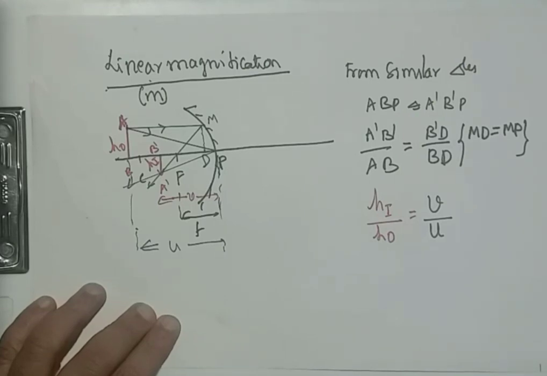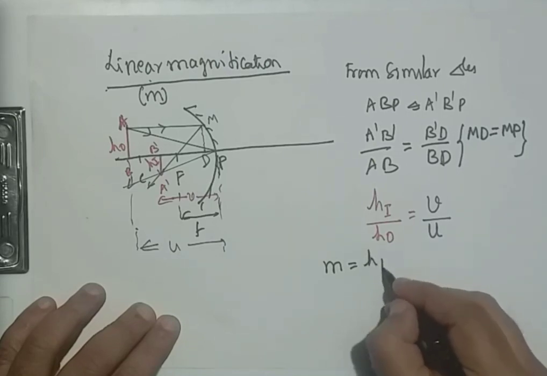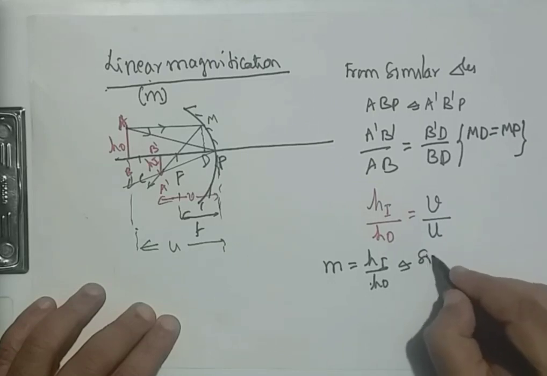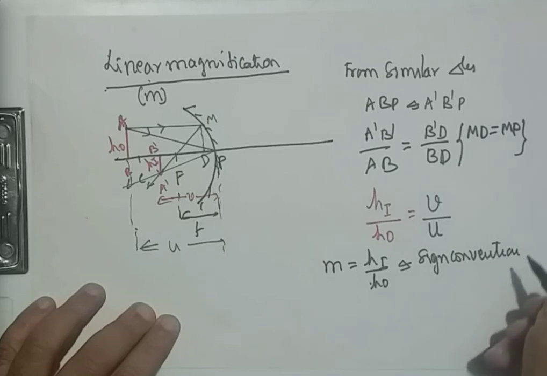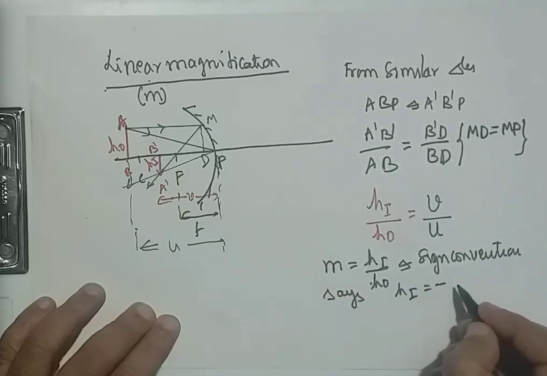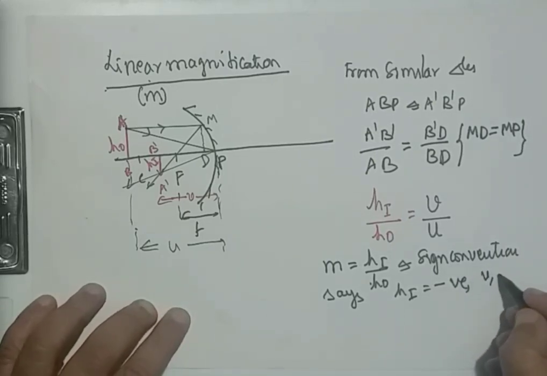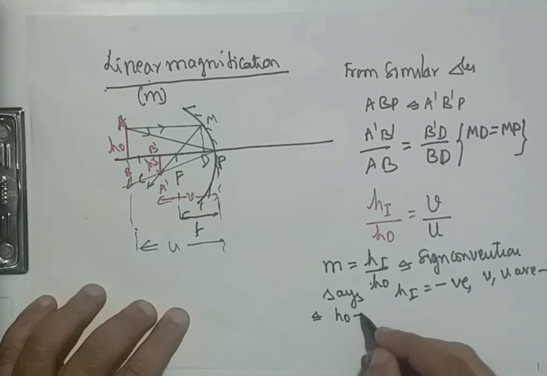But remember, the linear magnification M is HI by HO, and sign convention says HI is negative, V, U are negative, and HO is positive.